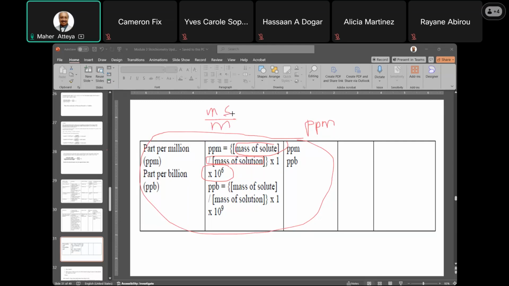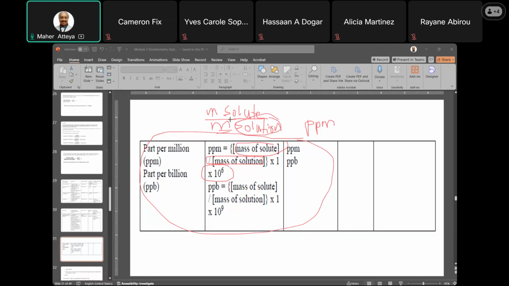This is solute. This is solution, which includes what? The solute inside, both solute and solvent. The mass of the solution is both the mass of the solute plus the mass of the solvent.